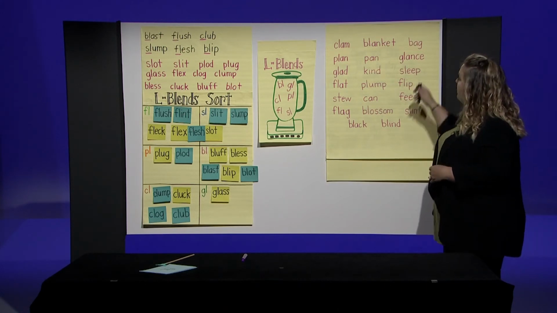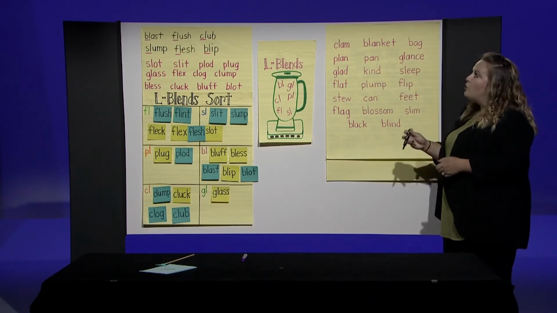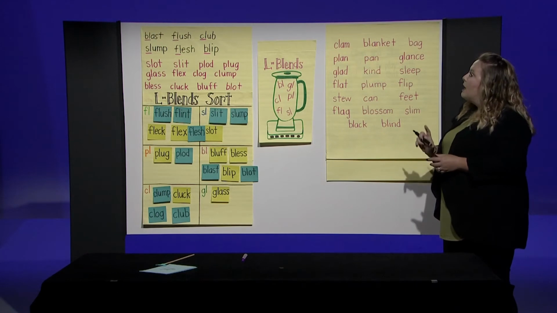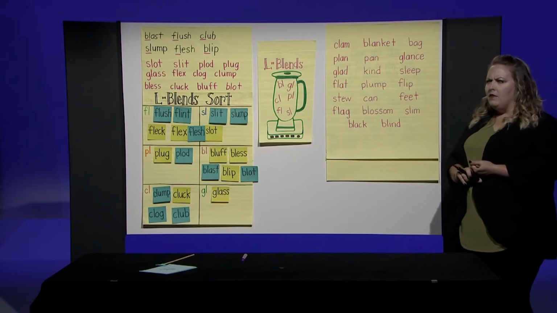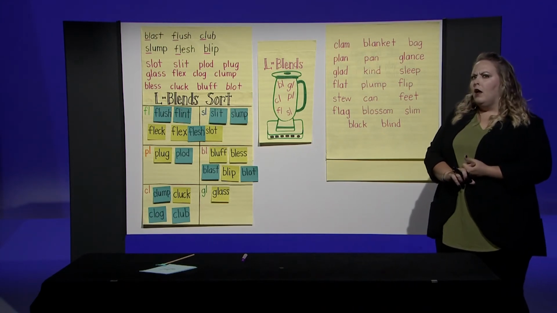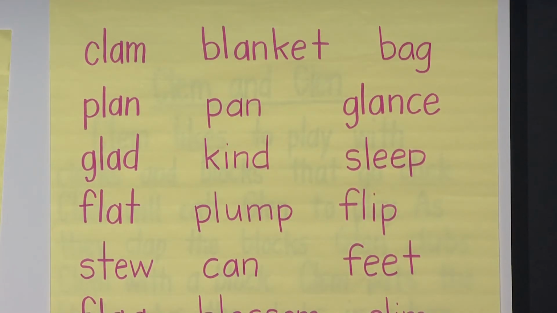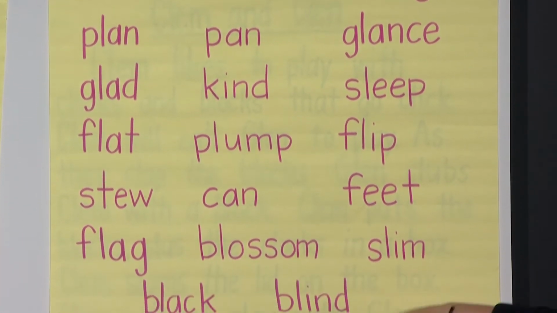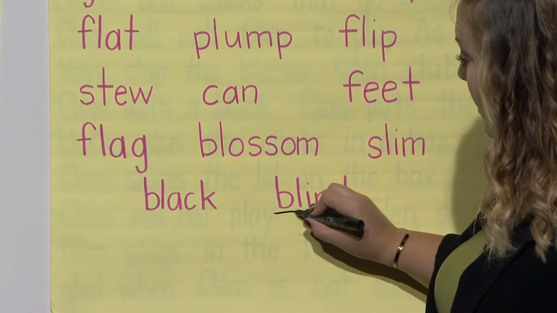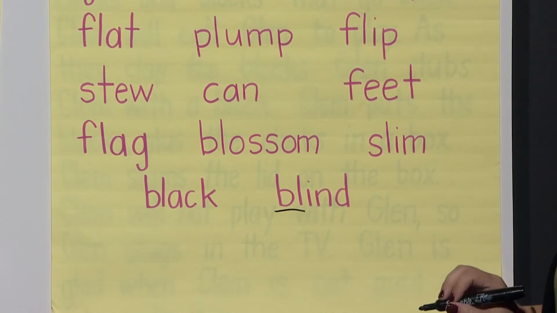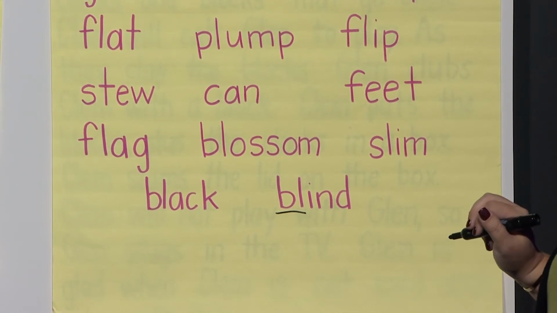Okay, let's come back over here and let's look at these. I want you to look at these and find which words have the BL blend that says bull. Bull. Where do we see that BL blend? I see it down here in blind. Blind. Do you see it in blind? Great job. Where else do we see it?